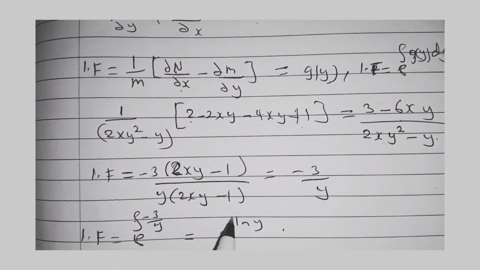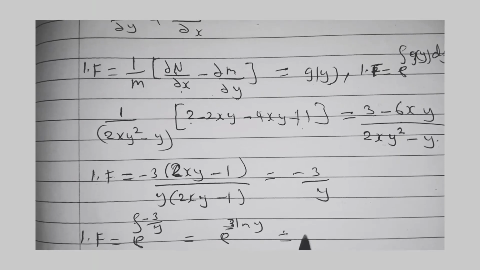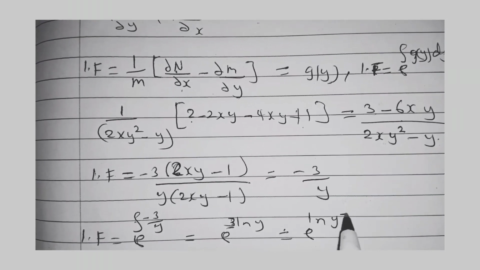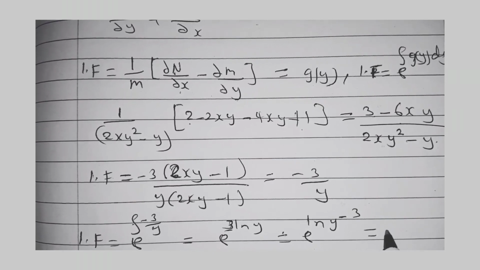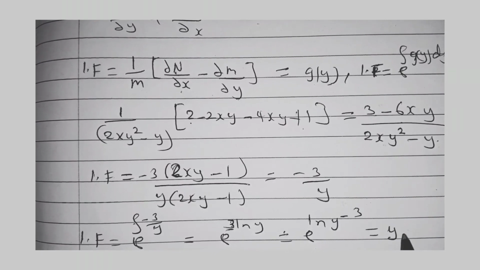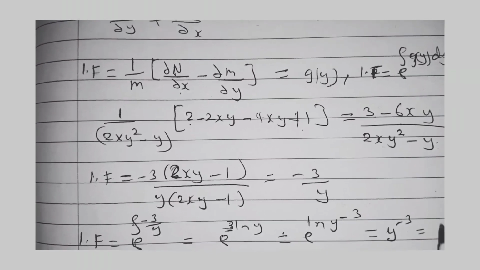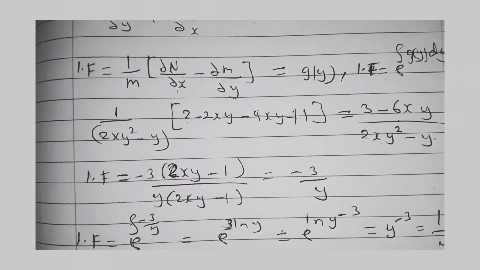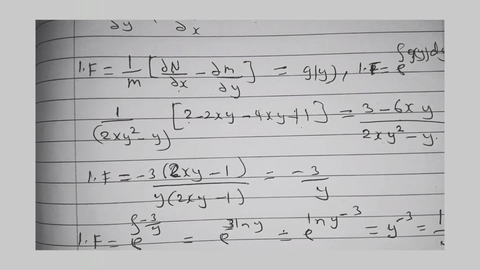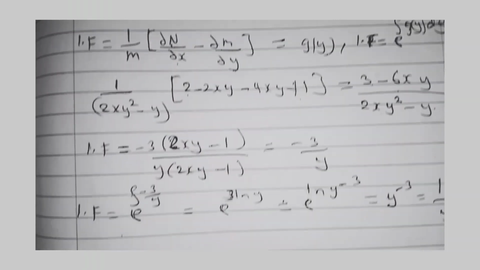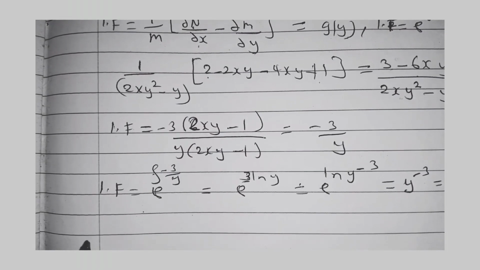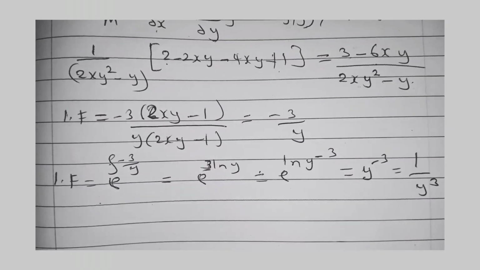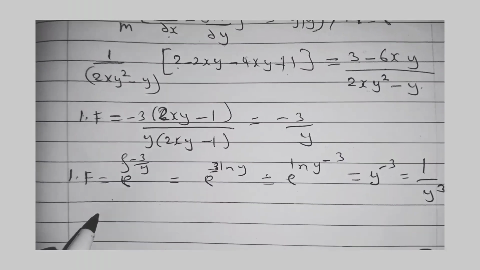This −3 there is equal to exponential of ln of y to the power −3, which is equal to y⁻³, which is the same as 1 over y cubed. Then we multiply our given ODE with the integrating factor to obtain the following result.